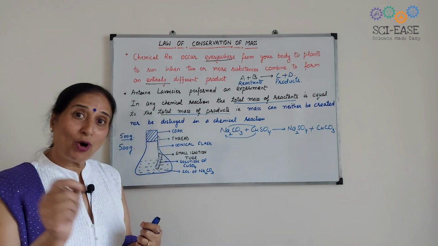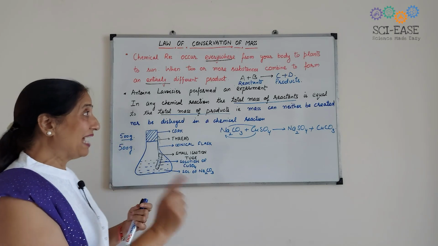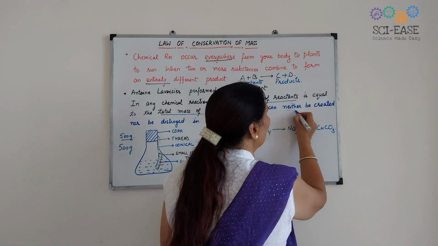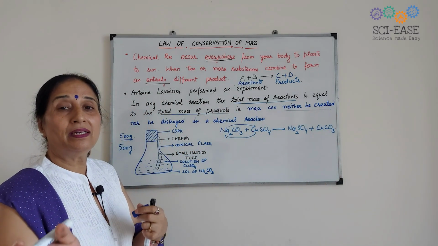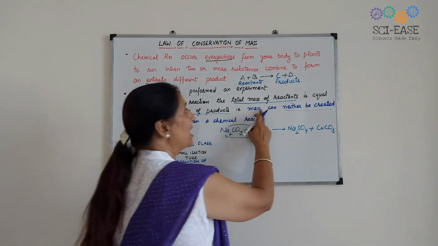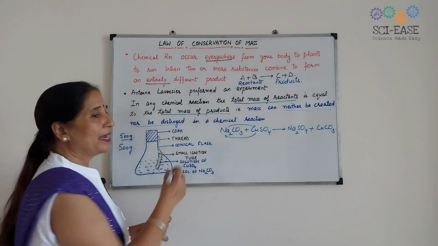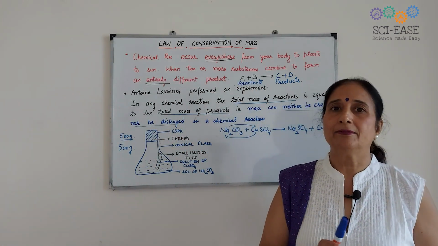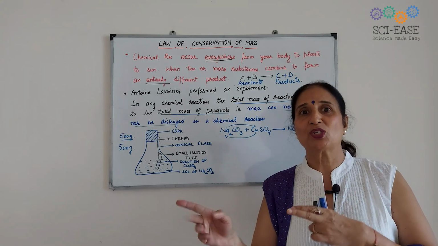And a very important line which I am going to tell you is, mass can neither be created. I said it will not be more, not even 501, okay; it will neither be more nor less. So mass can neither be created nor destroyed in a chemical reaction. This is a very important line: mass can neither be created nor be destroyed.